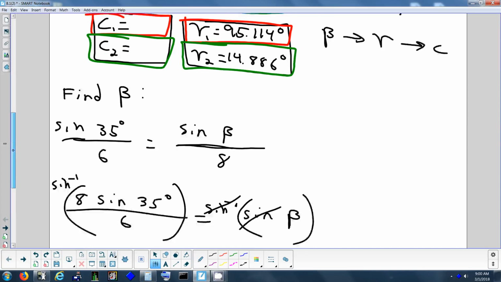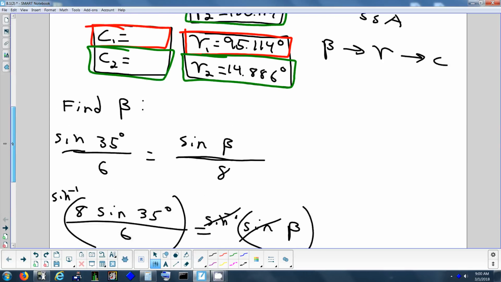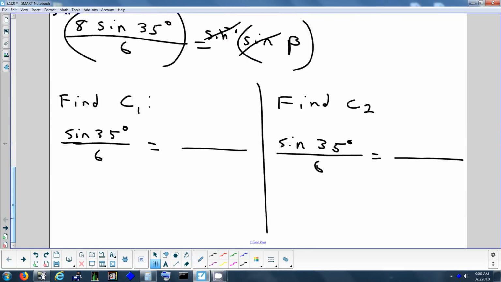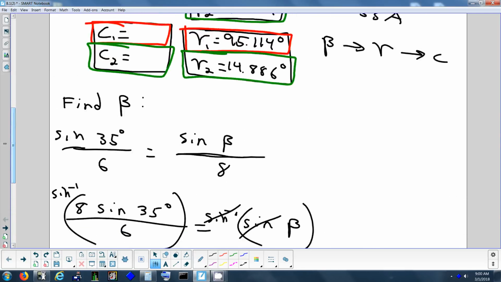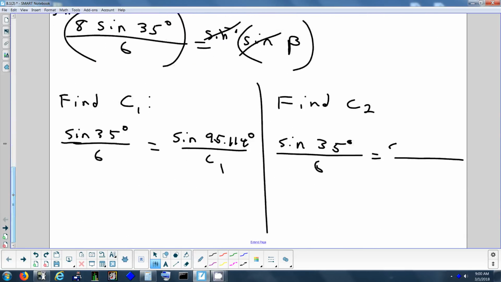Sine of 95.114 over C1. And while we're setting it up, can somebody set it up for C2 for me? Yep. It would be sine 14.886 over C2. And now we're going to solve each one.